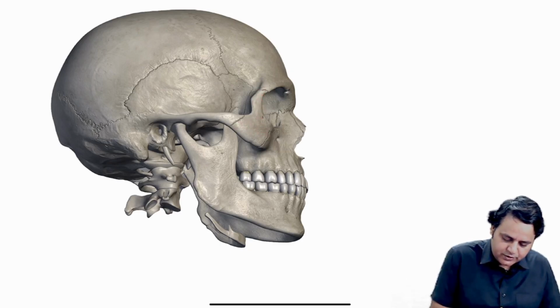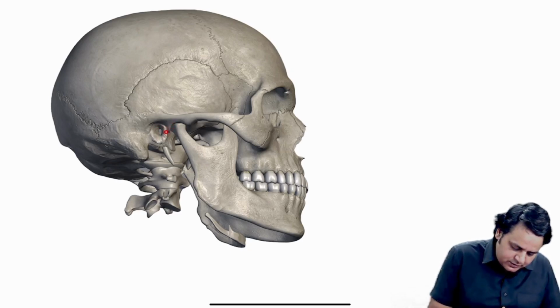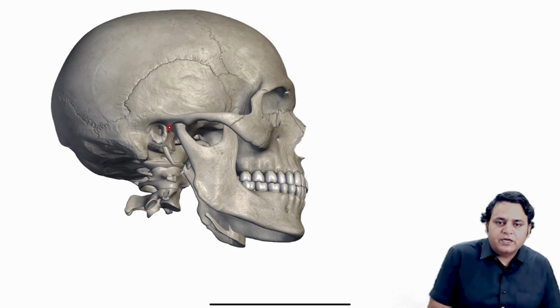This is the zygomatic bone, this is the articular tubercle, this is the mandibular fossa, this is the head of the mandible, this is the condyle, this is the head, this is the neck, this is the external auditory canal, and between the mandibular fossa and external auditory canal there is a plate known as the tympanic plate.